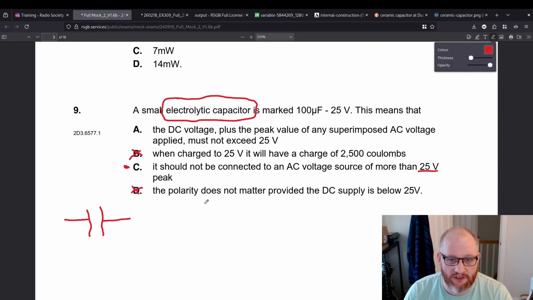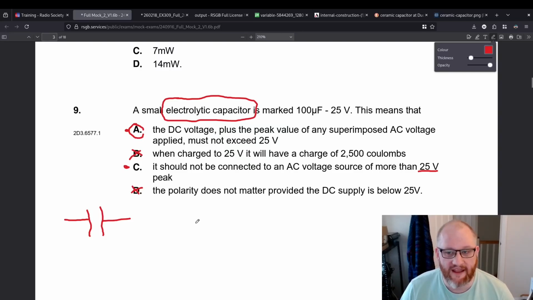Answer A says the DC voltage plus the peak value of any superimposed AC voltage applied must not exceed 25 volts. And that looks like it could also be correct. In fact, both of these answers are saying we should not be putting more than 25 volts peak across that capacitor. However, I'm going to go with answer A because there are certain conditions where you might have an AC signal that has a DC offset.